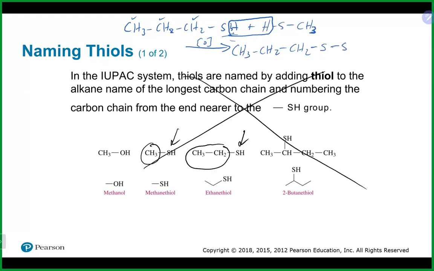That's going to give us our disulfide bond as we go from here to here, and that's going to leave us this guy, and what comes out is our H2. Any questions on that one there? So again, for the thiol functional group, you do need to know these two reactions, putting it together and breaking it apart. Any questions on that one there?